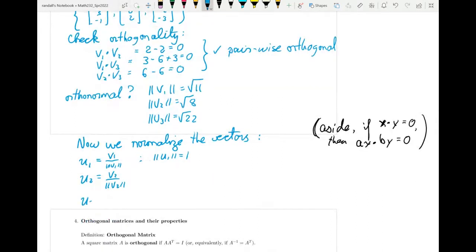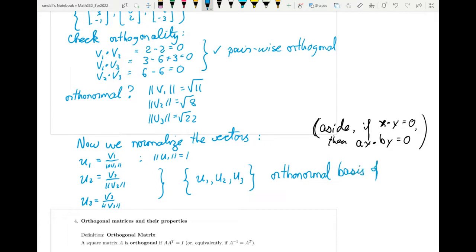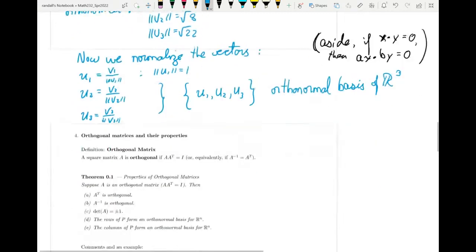And for u3, I'll take v3 over the norm of v3. So what I obtain here then is a set of vectors u1, u2, u3, and now this is an orthonormal basis of R3. Okay, that's an orthonormal basis of R3.